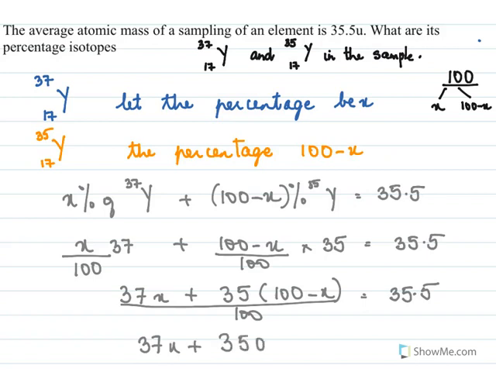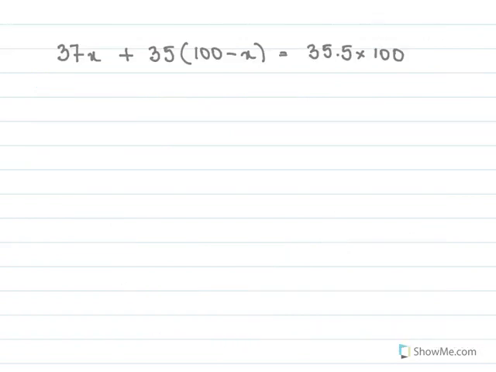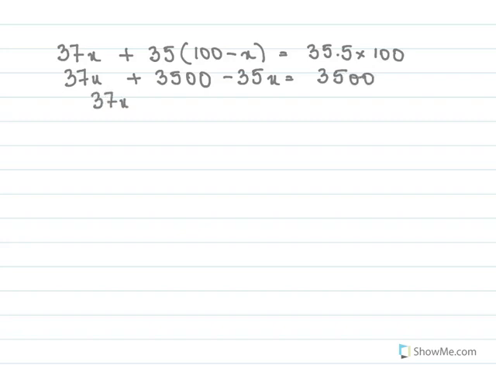When you open the bracket, you get 37X plus 3500 minus 35X equals 35.5 into 100. So 37X minus 35X will be equal to 3550 minus 3500, which is 50.